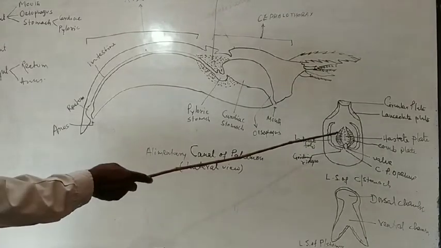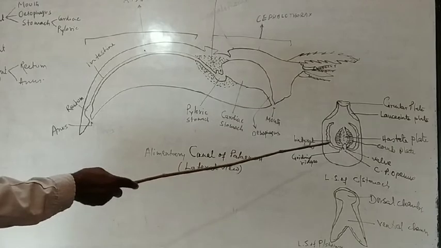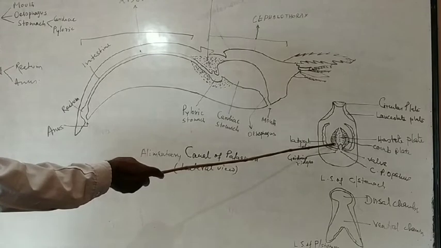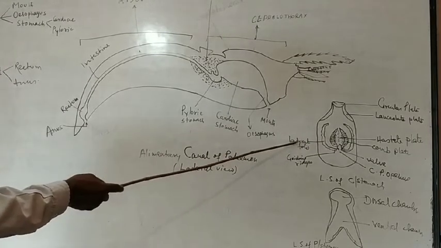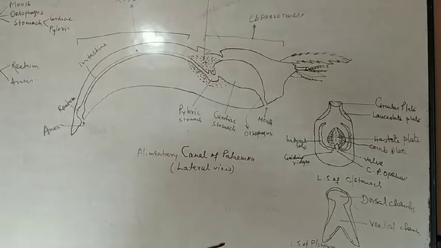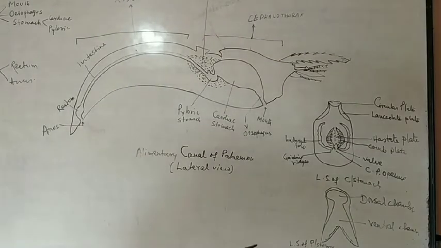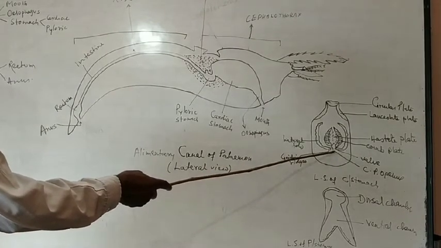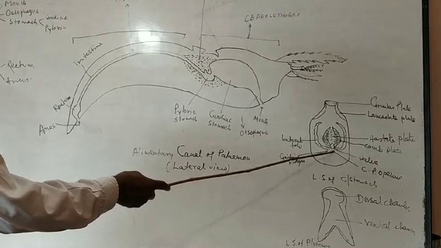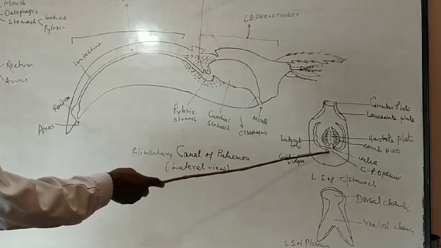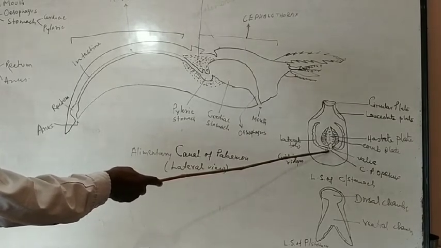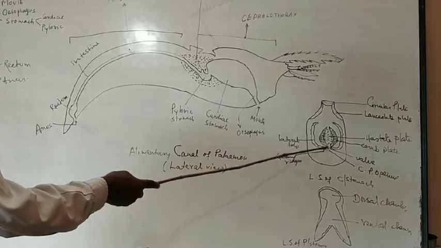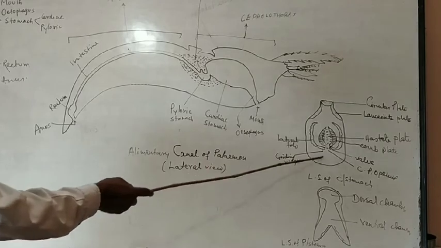which is provided with some ciliated cells surrounded by comb plate and externally by two lateral folds. This is controlled by a valve, and below the Harsted plate is the cardiac and pyloric opening.